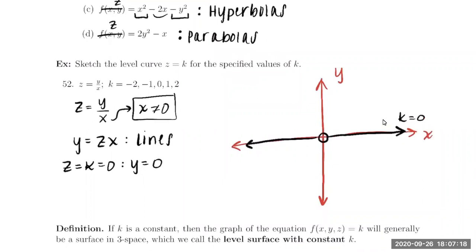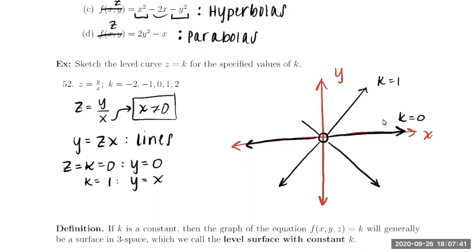So let's look at k equals 1. Then we're going to get y equals x. Similarly, if we had k equals -1, we would get y equals -x. So I'll sketch that one in. And then if k equals ±2, well, then y equals ±2x.